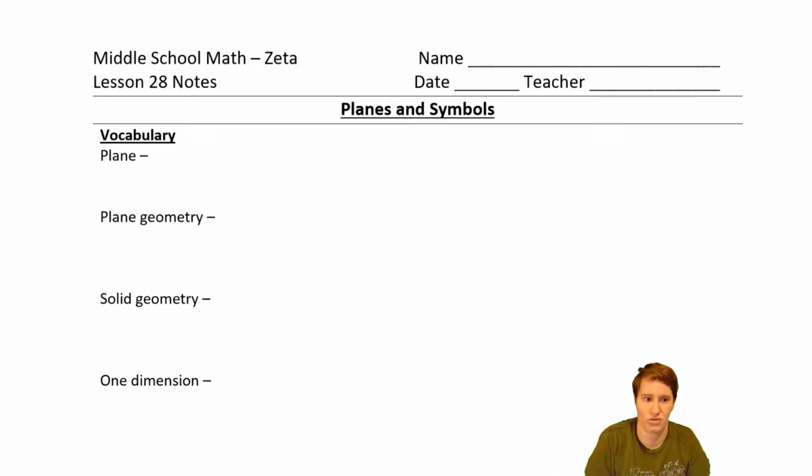So planes are two-dimensional spaces that we can put figures or lines or points or whatever on. So I guess a plane is just a flat surface or a two-dimensional space.